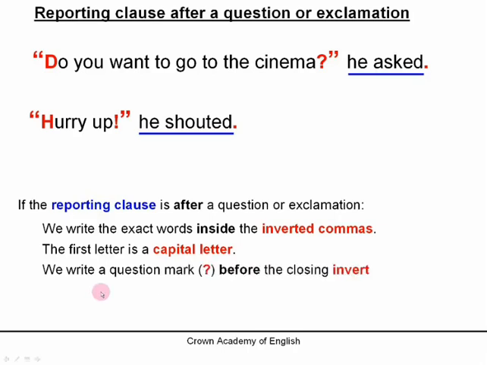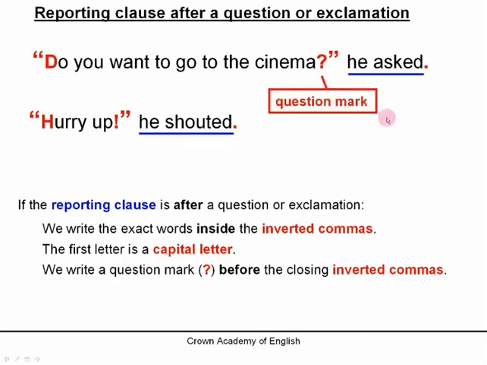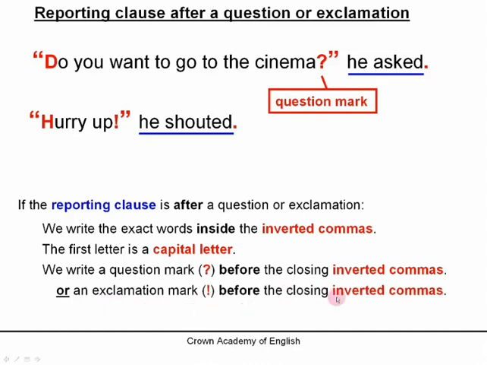And this time we write a question mark before the closing inverted commas. Here. So we do not write a comma, we write a question mark. Or an exclamation mark before the closing inverted commas. So again, we do not write a comma because it is an exclamation.